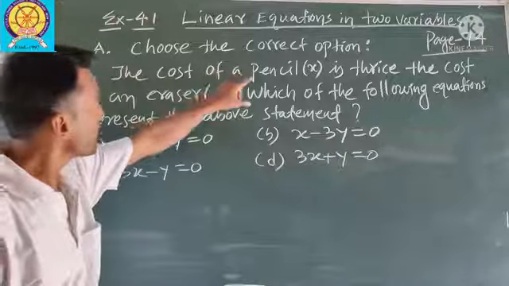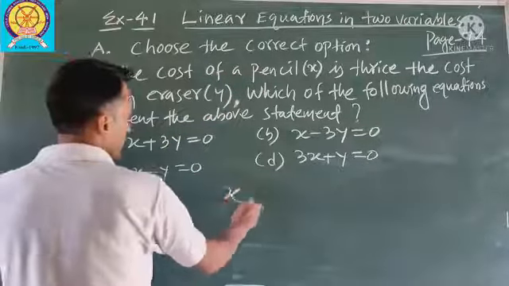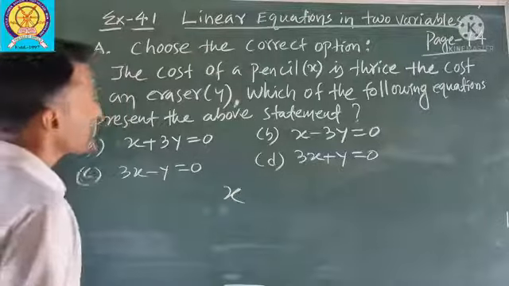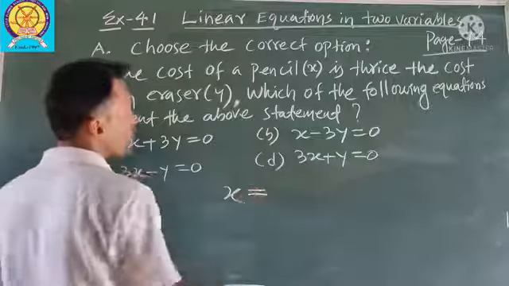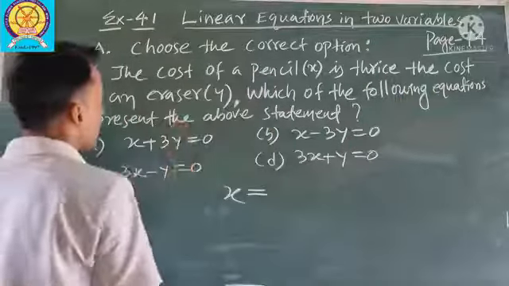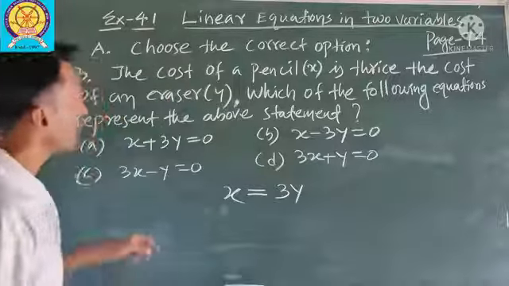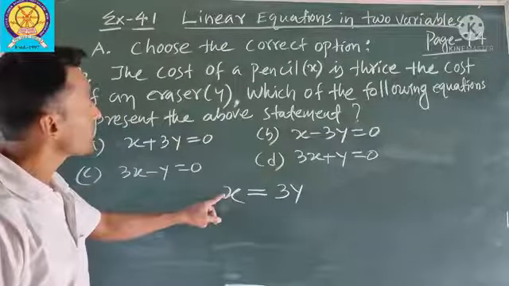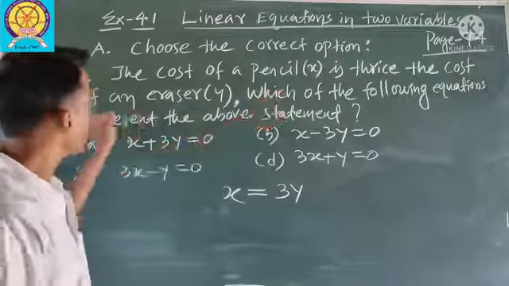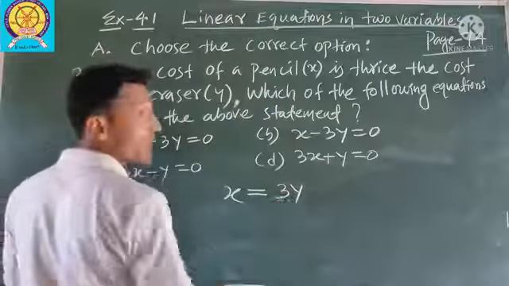The cost of a pencil is X. Is, that means equal, twice the cost of an eraser Y. The cost of a pencil X is equal to how much? Twice the cost of an eraser Y. So twice, that means 2 times y.